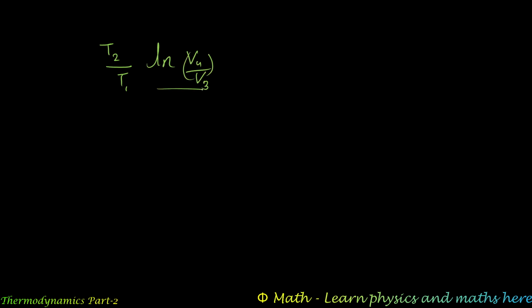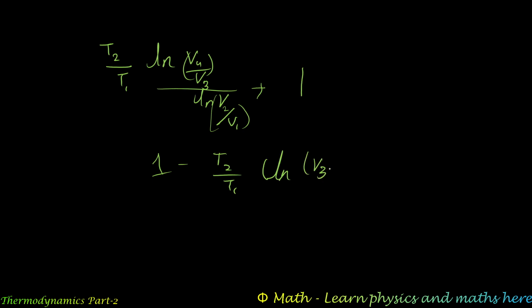We have divided that thing too, so we get a 1 extra. See, this ln V2 by V1 is also divided here. So from here, just using the property of logs, we will get 1 minus T2 by T1 ln V3 by V4 over ln V2 by V1. We have just applied the property of logs.